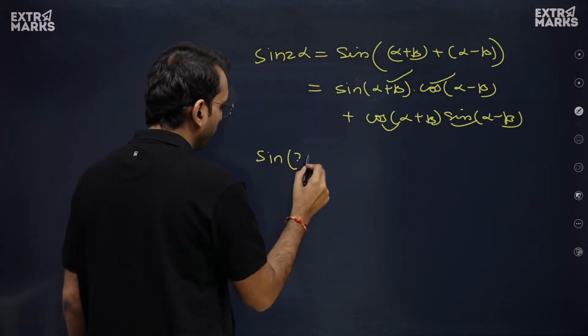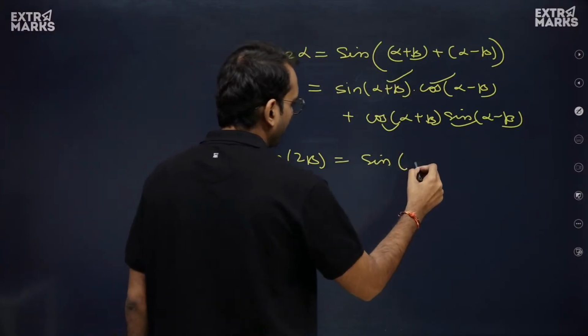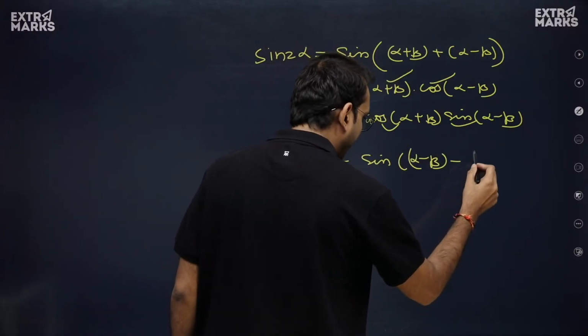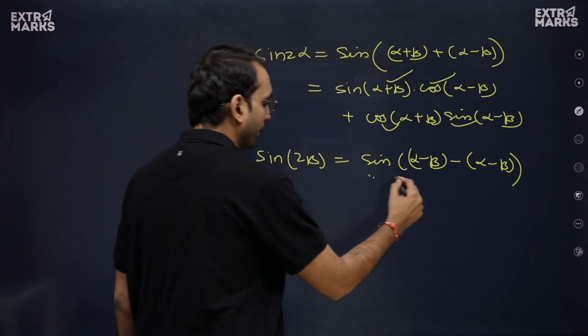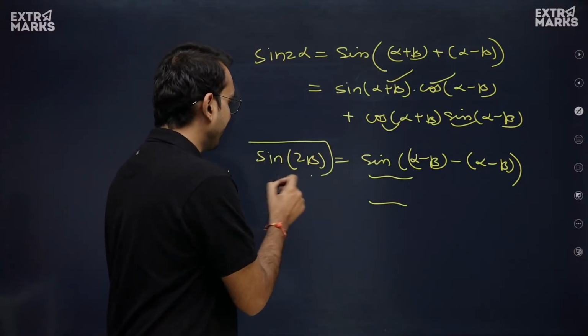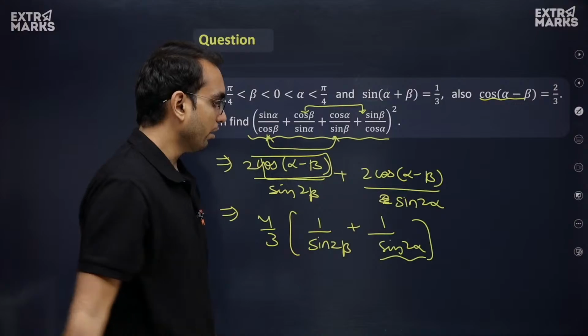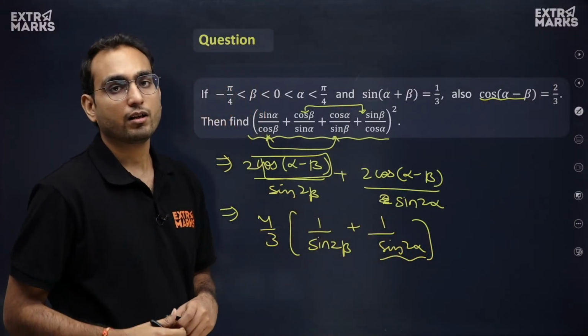Similarly, sin of 2 beta can be written as sin of alpha plus beta minus alpha minus beta. You can apply the formula here, put the values, and find the value of sin 2 beta and sin 2 alpha. Put the values of those quantities inside this, take the square, and then you will find the answer.